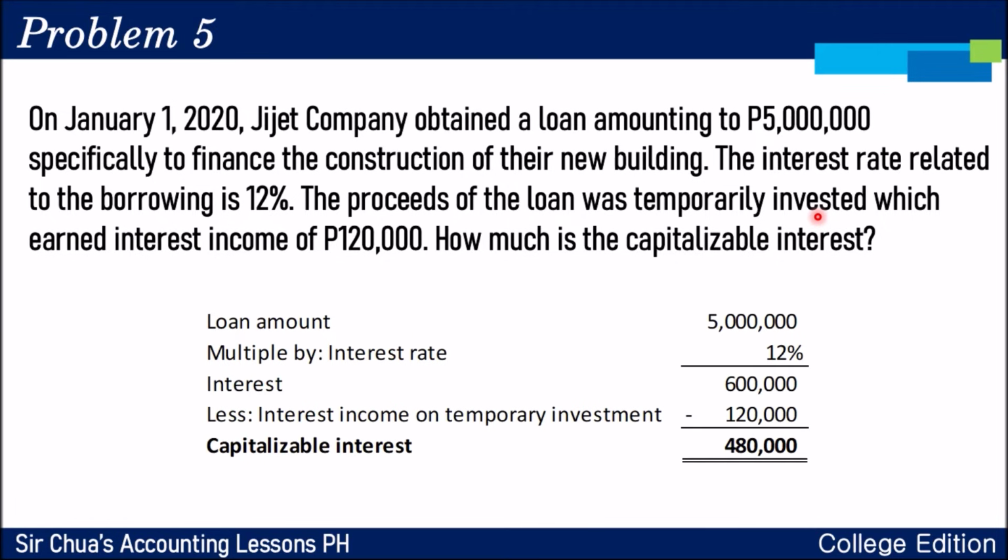Siyempre, mag-earn yun ng interest. Okay? Interest income naman. So, pero ang kailangan lang daw pong gawin is i-deduct po natin yung interest income na yun on temporary investment. So, ang i-add po natin sa asset cost na capitalizable amount of the interest is 480,000. Okay? That's it.